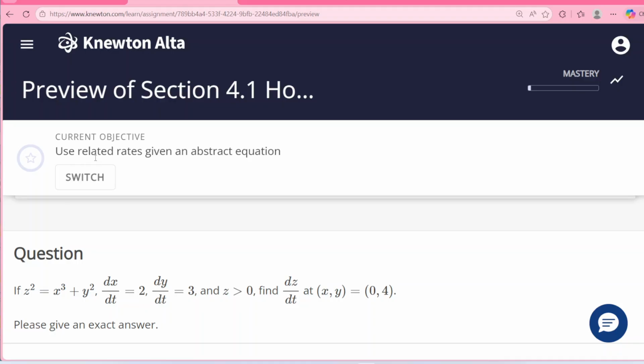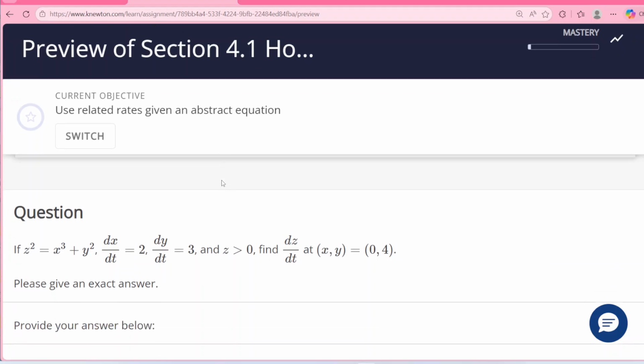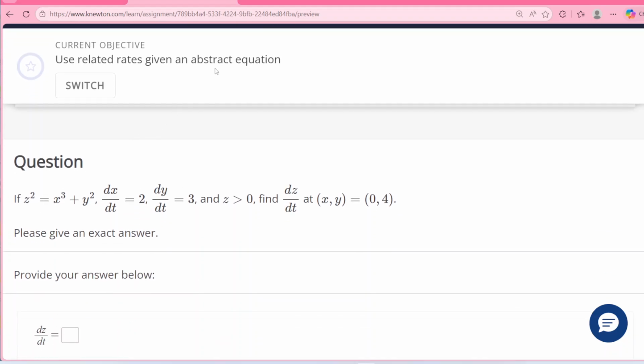So again, use related rates given an abstract equation. Right, so these are equations that are abstract, not really related to any physical quantity or physical object like a rectangle. Nothing we can really picture. So look here, right? If z squared equals x cubed plus y squared, and dx dt, right? x prime of t.